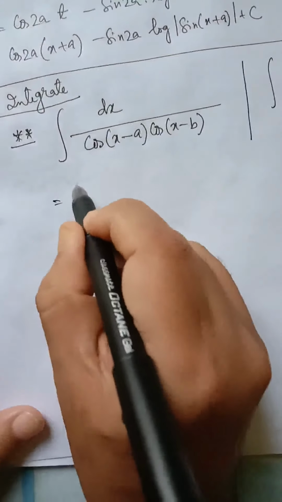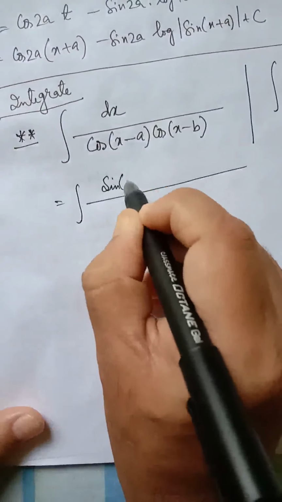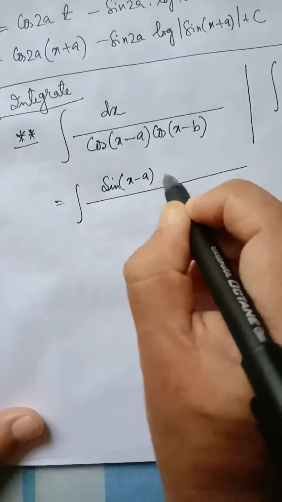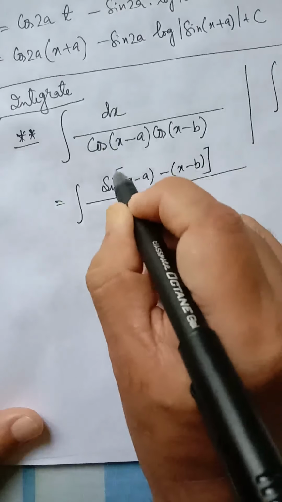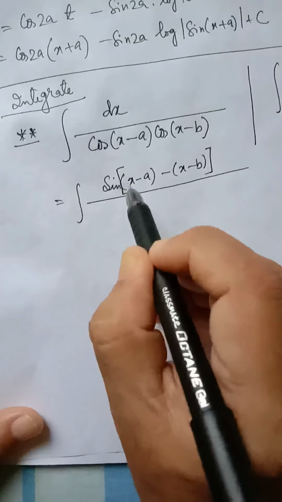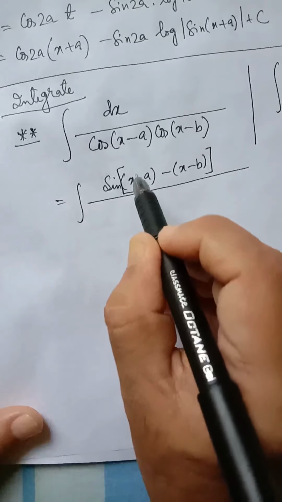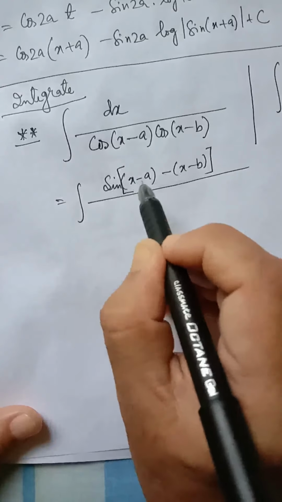You see what we will write? We will write the numerator in this way: sin((x − a) − (x − b)). Now if we write the numerator in this way, you can see this x and this x will get cancelled, so our numerator is now sin(b − a).